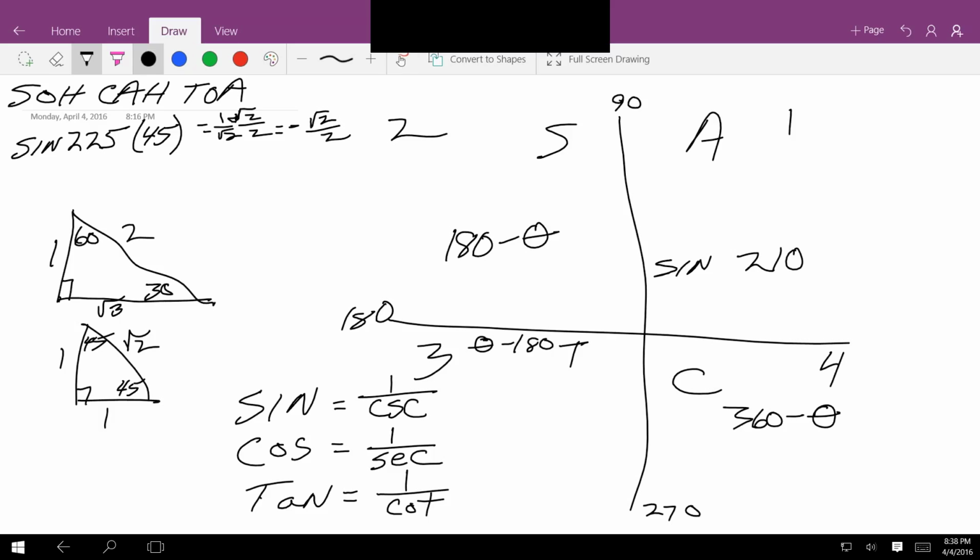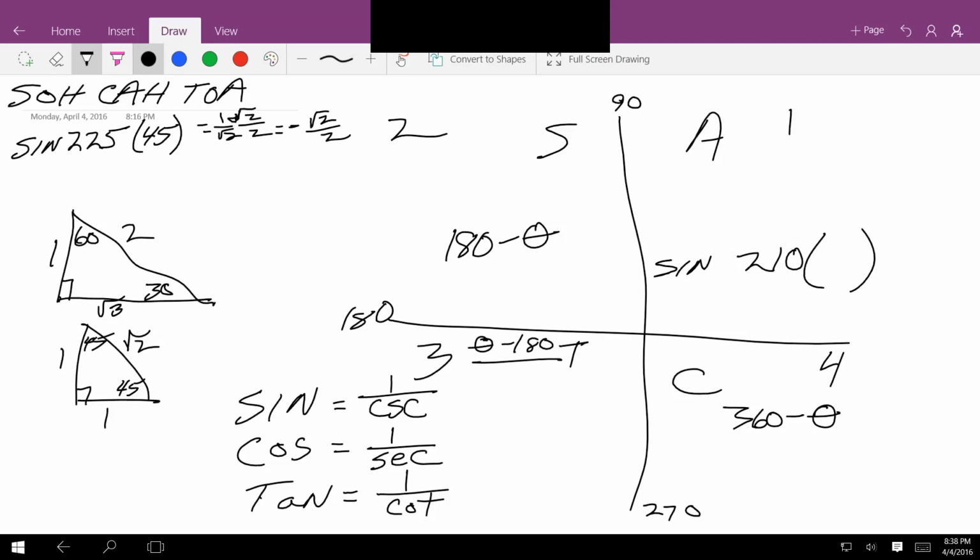Now, again, in parentheses, let's put the reference angle. What's the reference angle for this one? How would you put it?